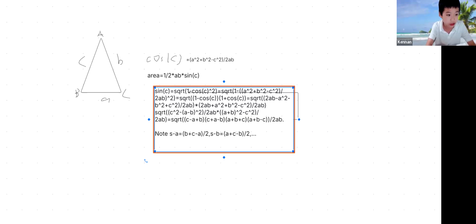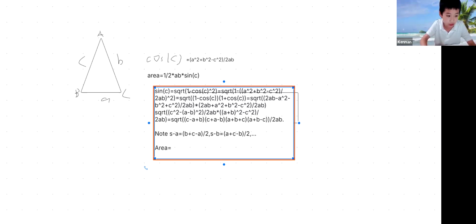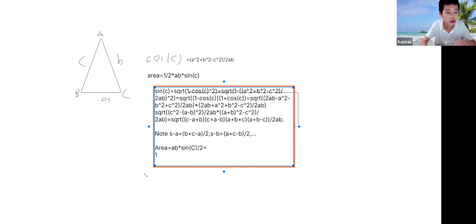We know that area equals 1/2 ab times sine of C. So plugging this in again, this equals 1/2 ab times ab over 2 times 1 over 2ab, so this part becomes 1 over 4. And then the square root of 2 times s minus a, 2 times s minus b, 2 times s minus c, then we have a plus b plus c, which is basically 2s, all over 4.